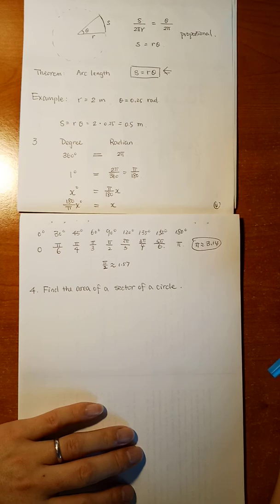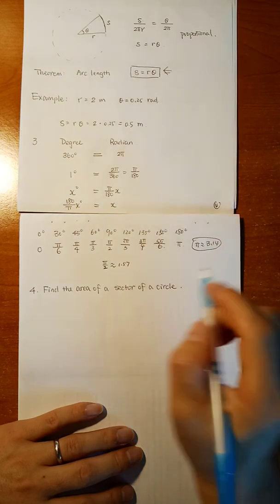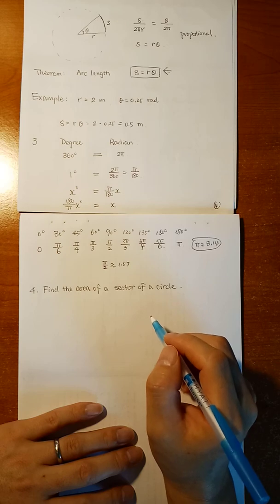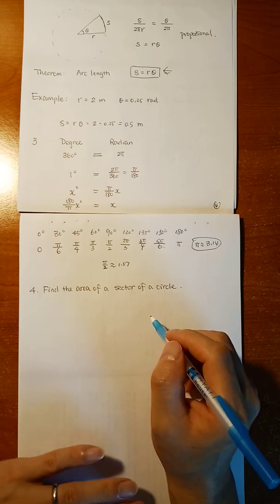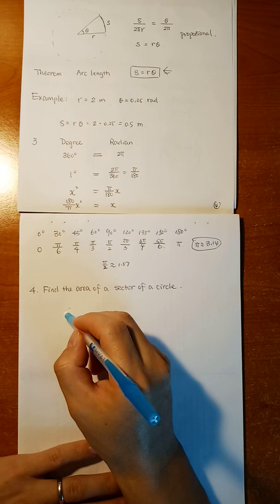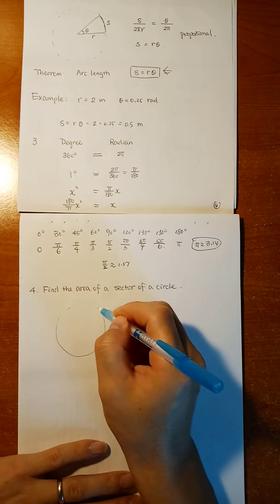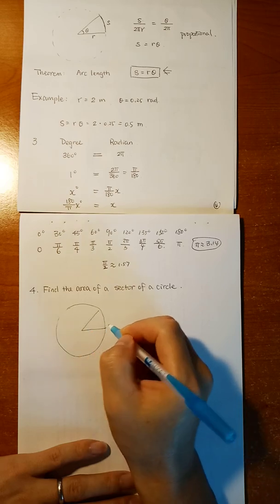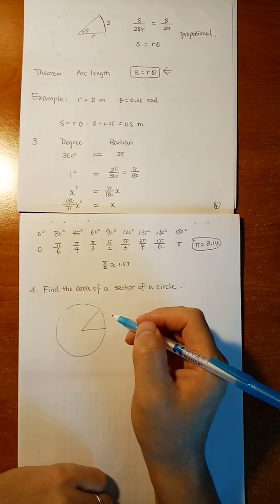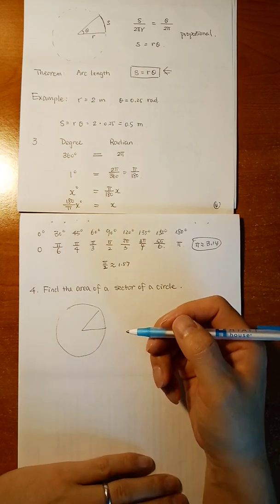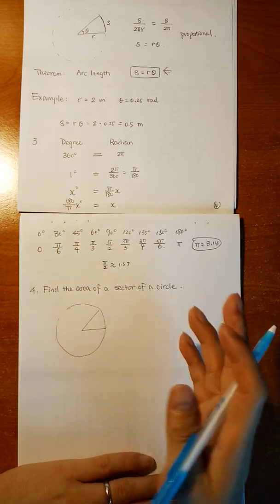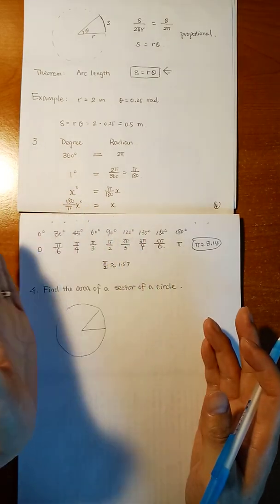Okay, now let's talk about the area of a sector of a circle. The area totally depends on the radius and the angle.